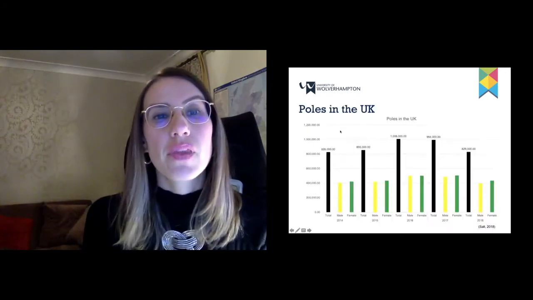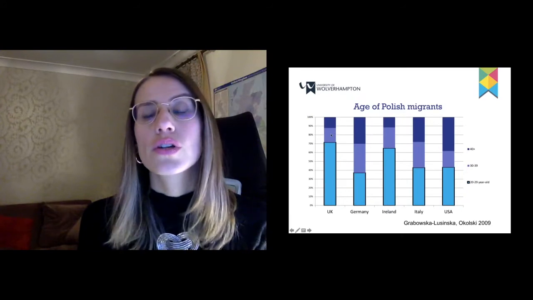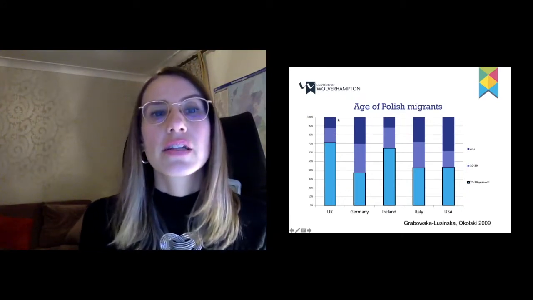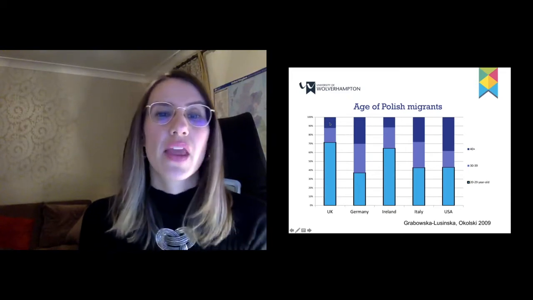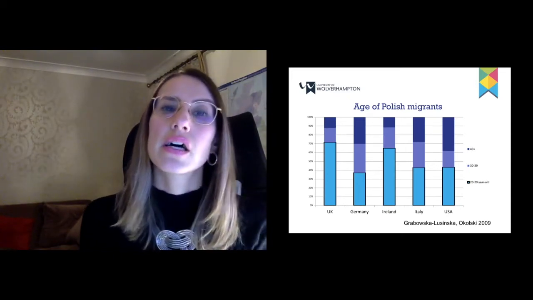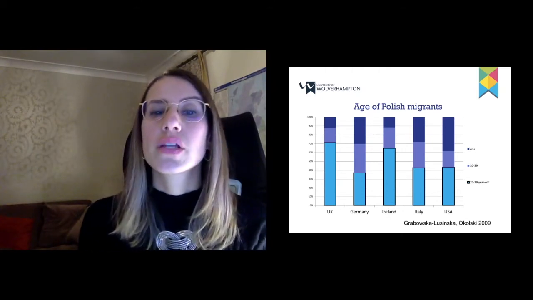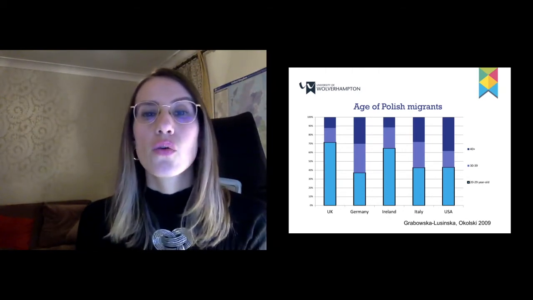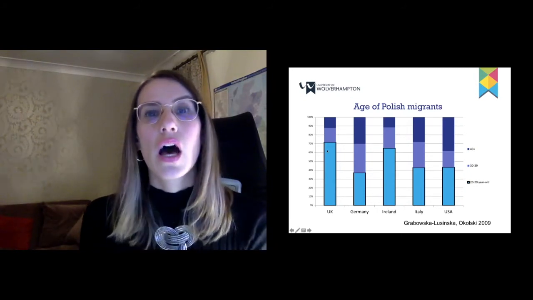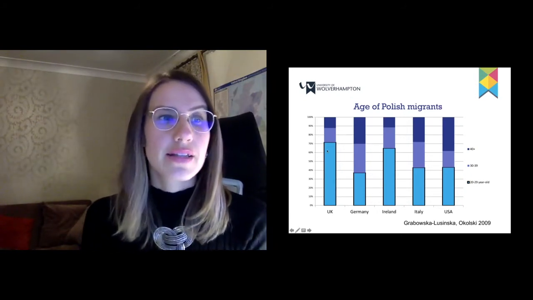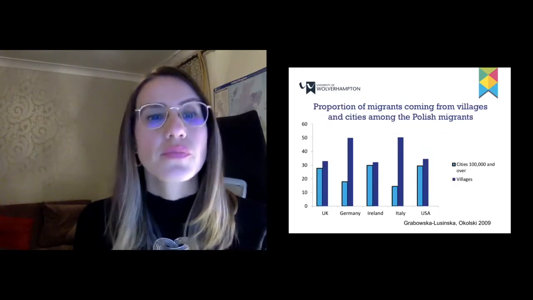The more dark blue is 30 to 39, and finally this darkest blue is 40 plus. And when we compare UK, Germany, Ireland, Italy, and USA, you will see that the people who migrated to the UK were the youngest.